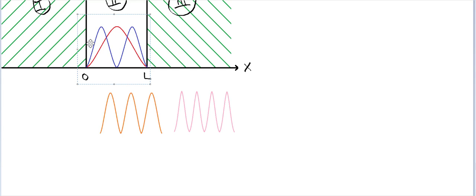This time, again, not going to find it at the edges. You're going to find this about halfway through the first half of the box or halfway through the second half of the box. The interesting thing here is there is 0 probability of finding this particle in the middle of the box in the second excited state.